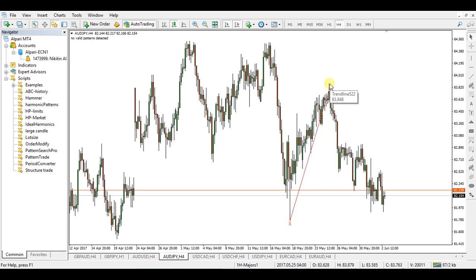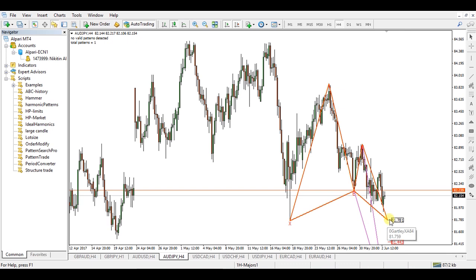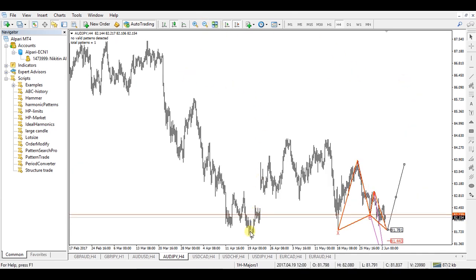The first opportunity is this one: X to A to B, B to C, and it is called the Gartley pattern, a deep Gartley pattern. So if price declines a bit lower, then we might have that movement to the upside like this. Let me zoom it out. Well, yes, we can have it. Maybe a retest of these highs.